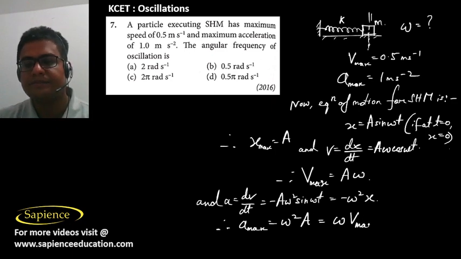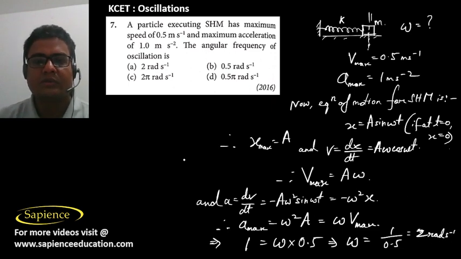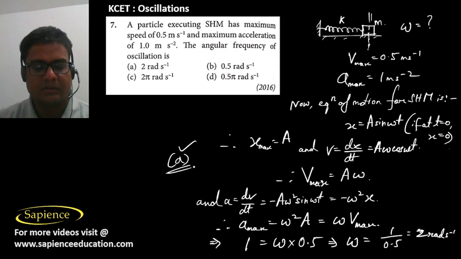So the maximum acceleration is given as 1, which is equal to omega times v max, which is 0.5. Therefore the angular frequency omega equals 1 by 0.5, which is 10 by 5, which is 2 radian per second. So 2 radian per second means option A is the correct answer.